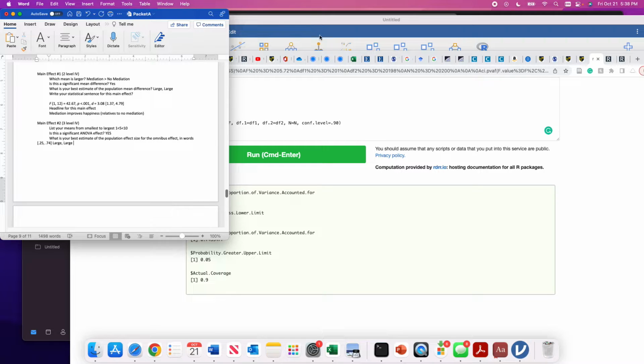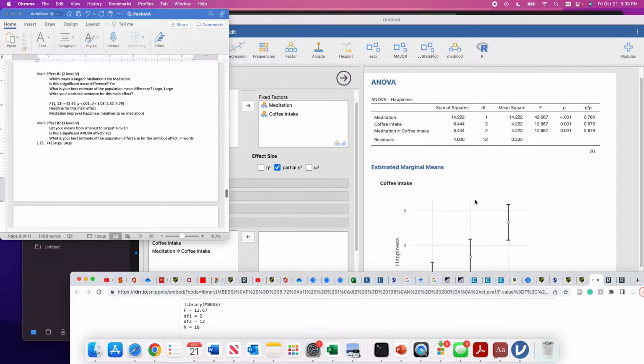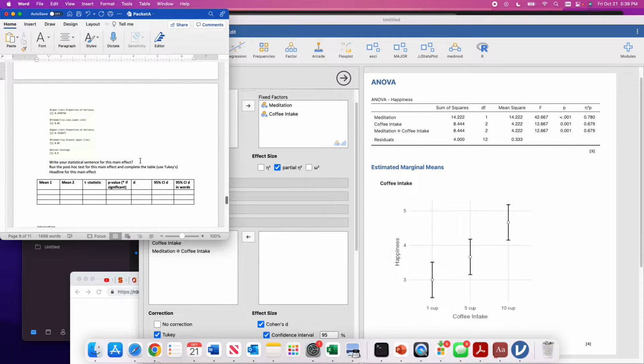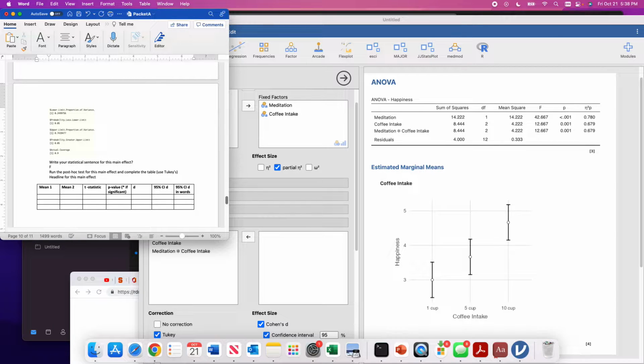All right. So now I'm going to go back to Jamovi real quick. Just answer the questions. Write your statistical sentence for this main effect. That one's pretty easy. F with 2 and 12 degrees of freedom. 2, the degrees of freedom for the main effect of coffee, and 12 residuals, which is another way to say error, equals, I will look in the right place this time, and hopefully I didn't mess this up on previous videos, 12.667.